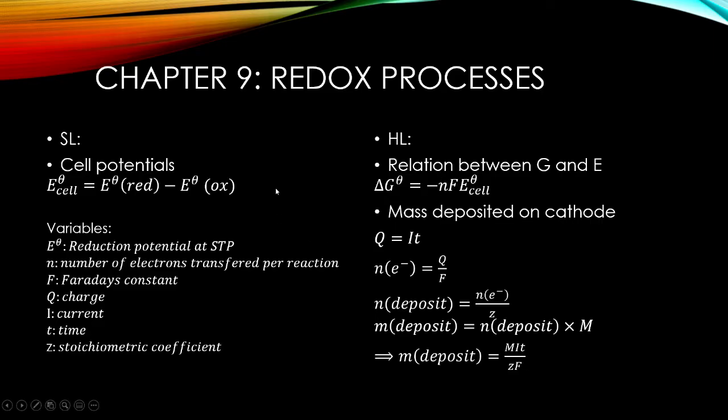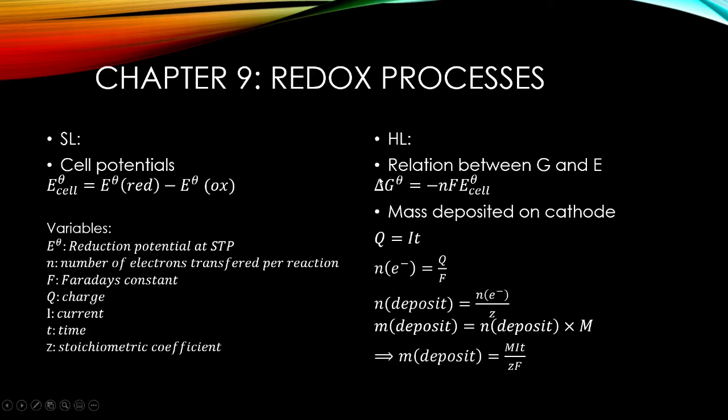For example, if you have a simple reduction, for example copper 2 plus plus 2 electrons goes to copper, then this n would be 2, because you have 2 electrons transferred per reaction, I guess. And F would be the Faraday constant, which is the charge of 1 mole of electrons, and its value is found in the data booklet.